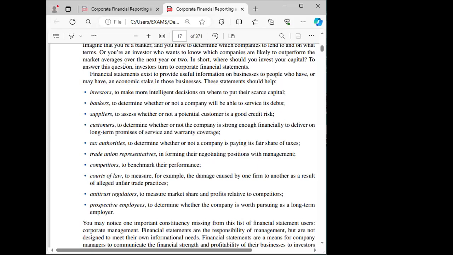So, for example, if you look at investors, investors will be looking at issues to do with long-term performance of your company.